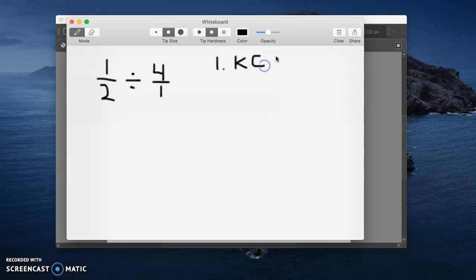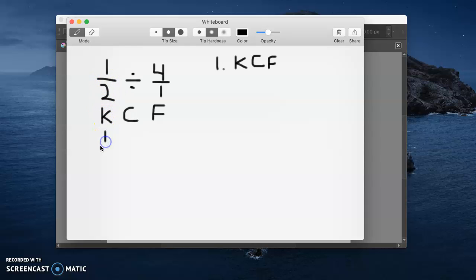So watch what I do. I put the K under the 1/2. I put the C under the division sign, and I put the F under the 4/1. Notice why I'm doing that. It means whatever is above the K, this 1/2, this is what I'm keeping.